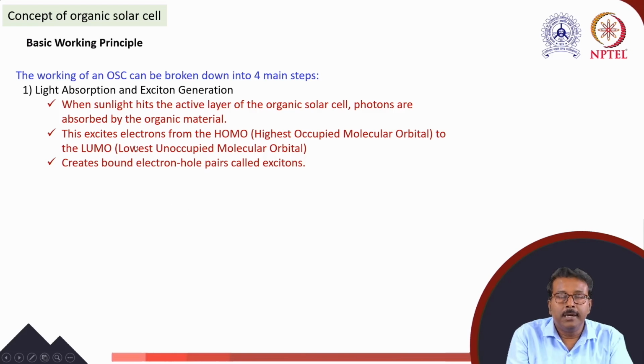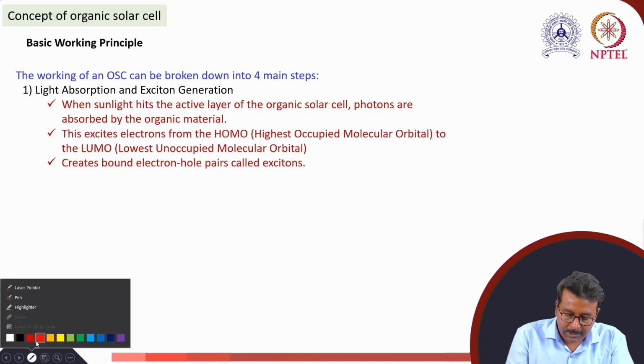When light is incident on organic material, electrons are excited from HOMO to LUMO. That is analogous to transition from valence band to conduction band in case of semiconductor material.